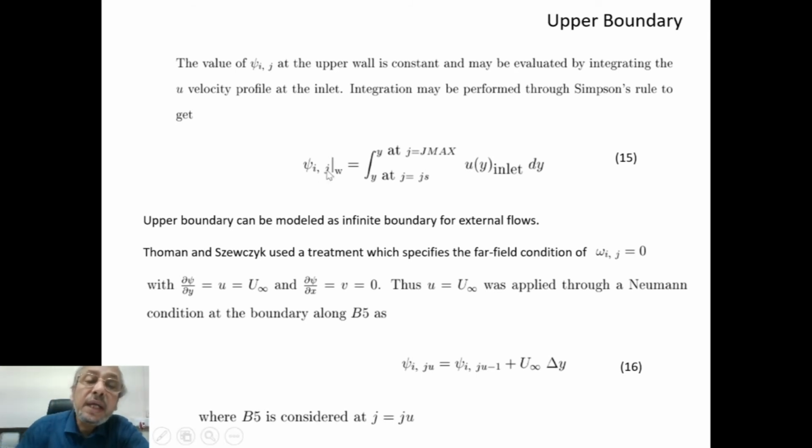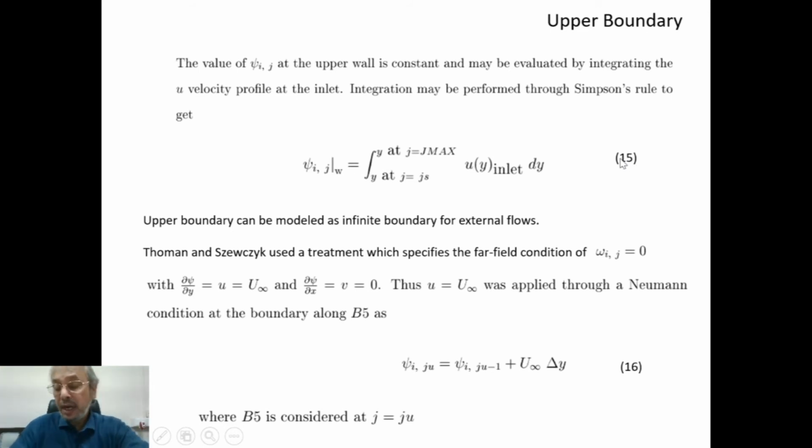So psi(i,j) at w, that means the upper wall, equals the integral of u(y) at the inlet dy, from y at the bottom wall to y at j equal to j max. J max is the last point in the j direction, which is at the wall. This is equation 15.